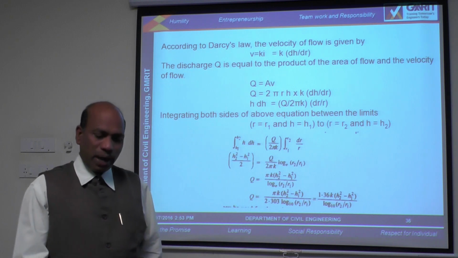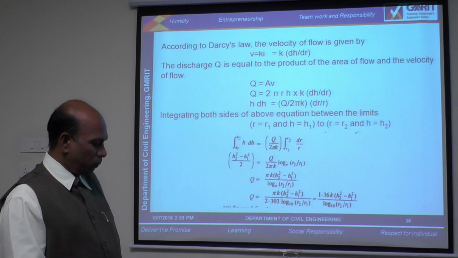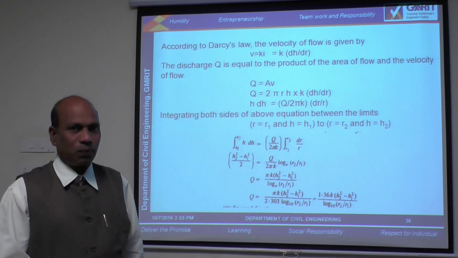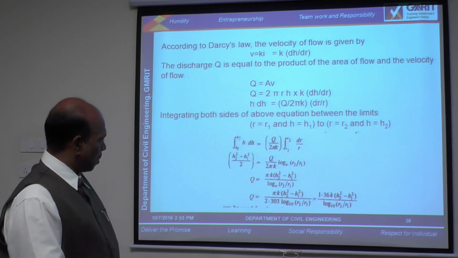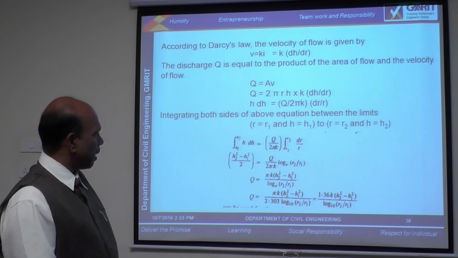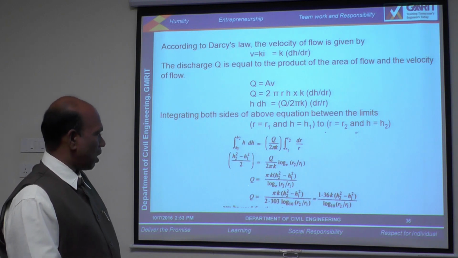Finally we have the equation, where Q is the rate of flow into the well through an unconfined aquifer. Q is equal to pi K (H2 squared minus H1 squared) divided by log e (R2 by R1). This is the standard formula.